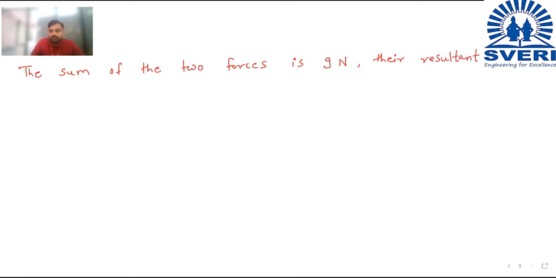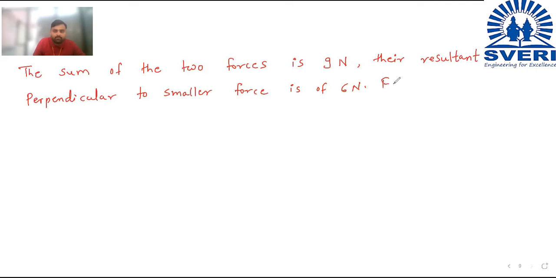So the 4th example is: the sum of the two forces is 9 Newton, comma, their resultant, which is perpendicular to the smaller force, is of 6 Newton.